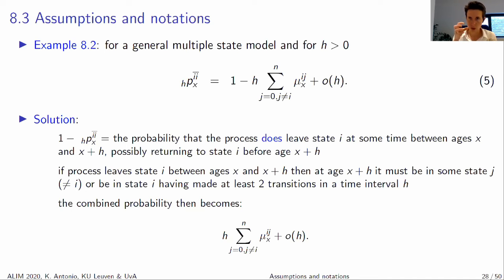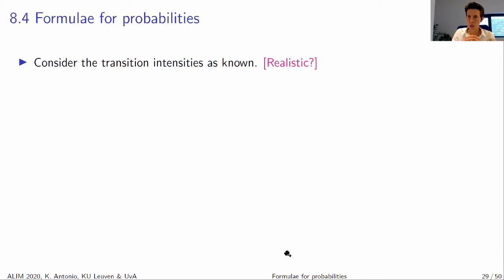And we made a few assumptions, like this Markov property was one of them, and the fact that the probability to do at least two moves in a small interval of time is negligible, and so on and so forth. Yeah. And now we're really ready to come up with interesting expressions for our transition probabilities. So that's the goal of what we will cover from now on.